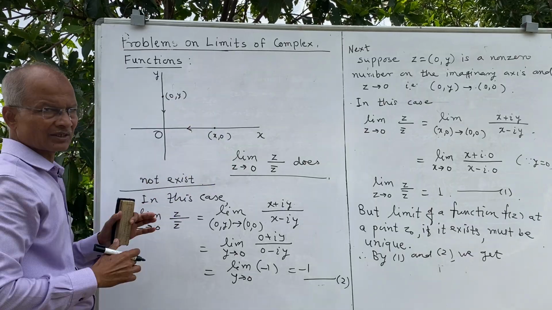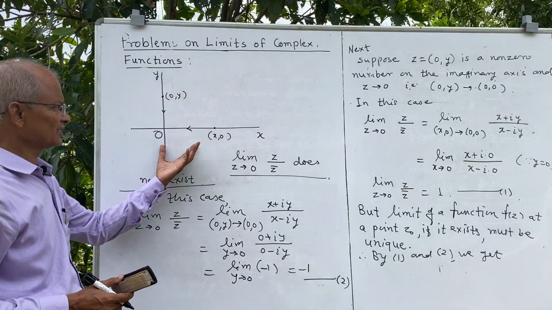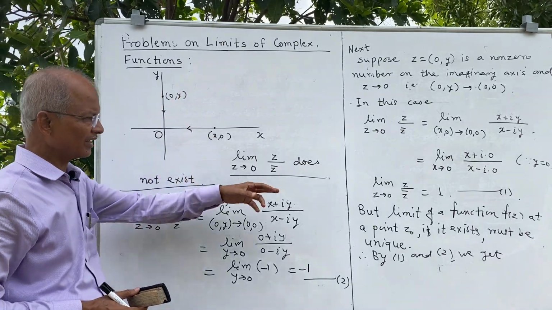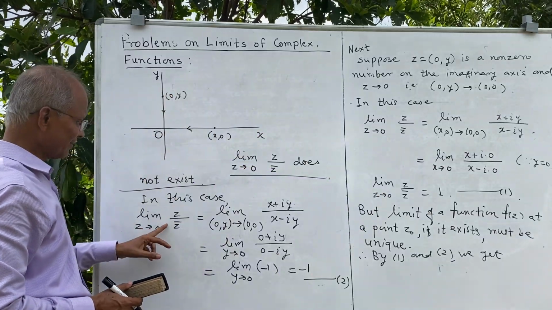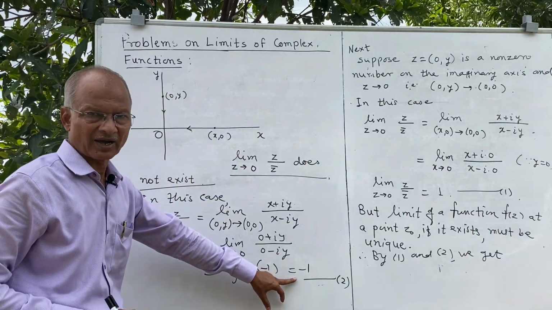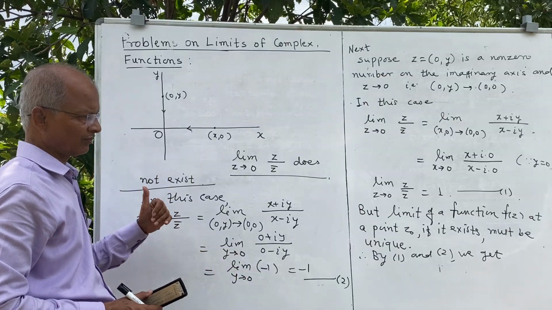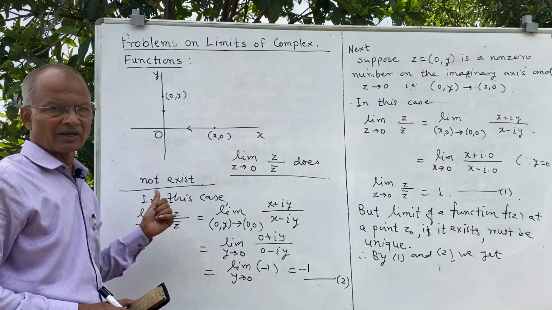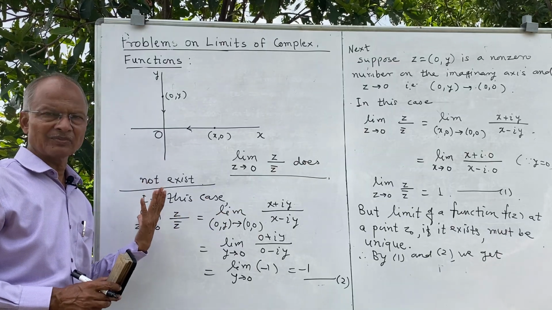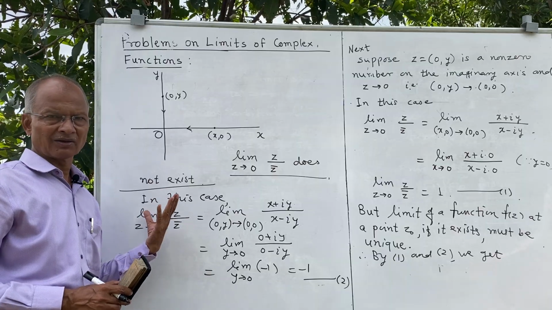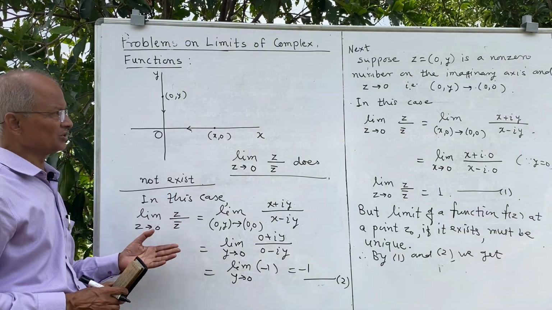Two directions we have considered, along the real axis and along the imaginary axis. From one direction we get the limit as 1, and along the imaginary axis we get the limit as minus 1. So the limit cannot be different, and therefore here we say that the limit does not exist. As in real valued functions, if you get the left hand limit and right hand limit different, then we say the limit does not exist. The same thing here, the limit does not exist.